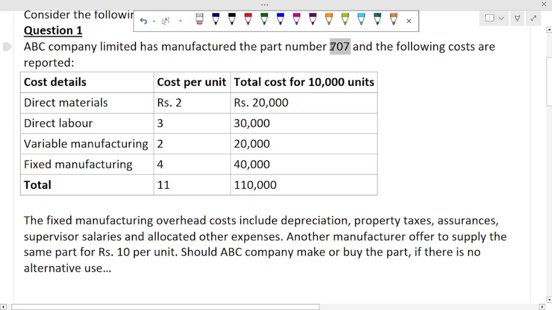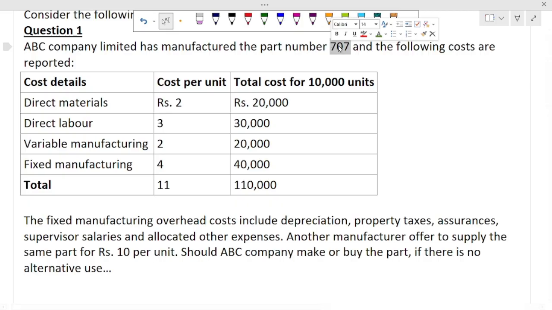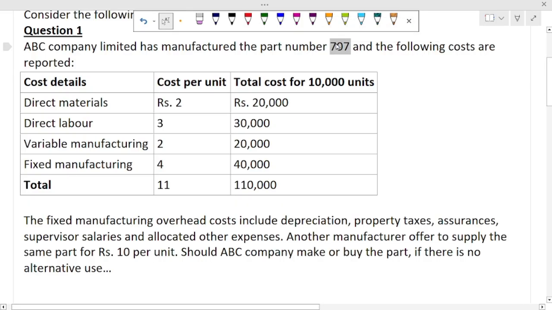This number is just the product number, like a part number. It should not be in your calculation. It's just a part number. So ABC Company Limited has manufactured the part number 707 and the following costs were reported.